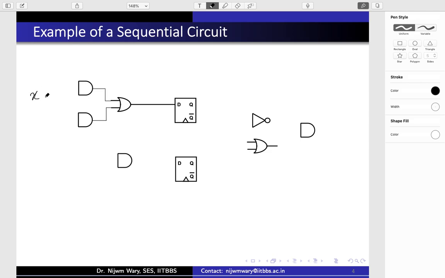So x is my input, and this input will be connected directly to one input of this AND gate, and of course this input is also connected to one of the inputs of the next AND gate.